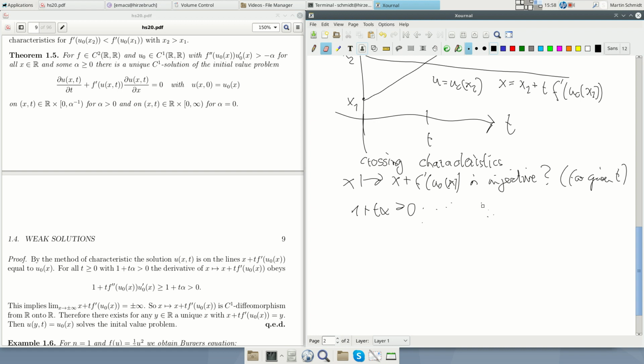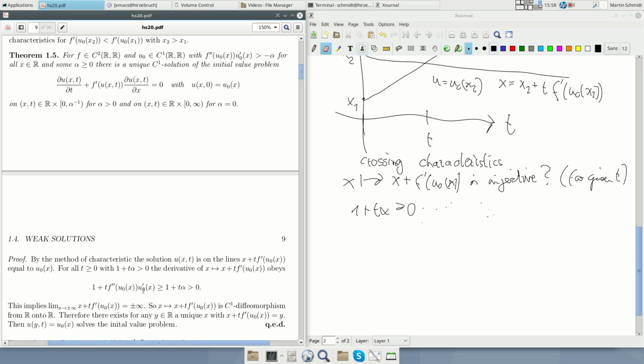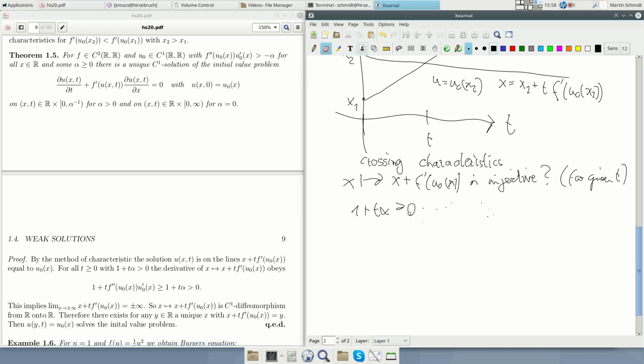Okay, so this function is injective, and also by this property, the derivative is even larger than 1. Maybe we should just write this is larger than 1.